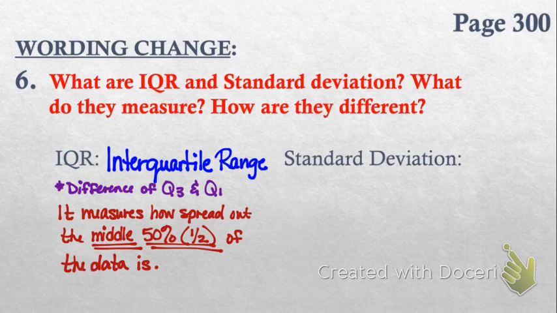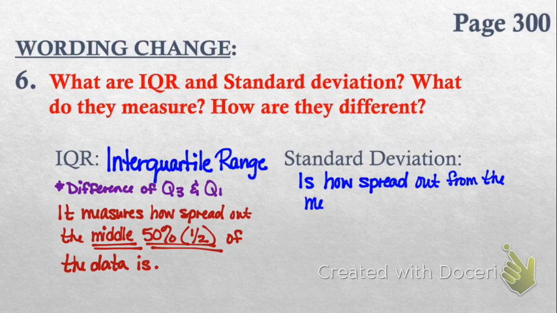Standard deviation. Standard deviation is similar to the interquartile range, but standard deviation is how spread out from the mean, the average, a typical data point is.